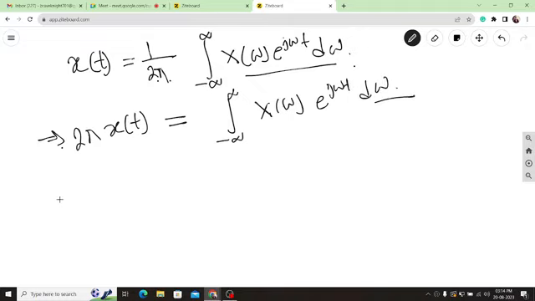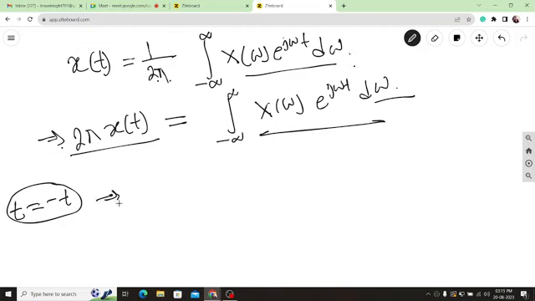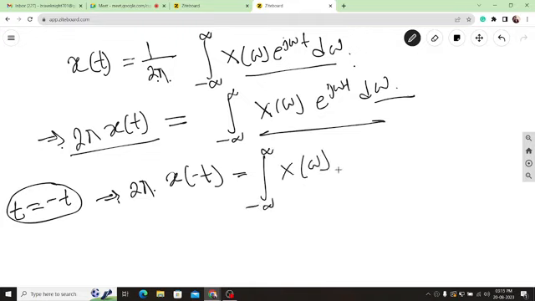Now we can write just the same equation but replace t with minus t. If we do so, it will be 2 pi x of minus t is equal to the integral from minus infinity to infinity of x of omega e to the power minus j omega t d omega.